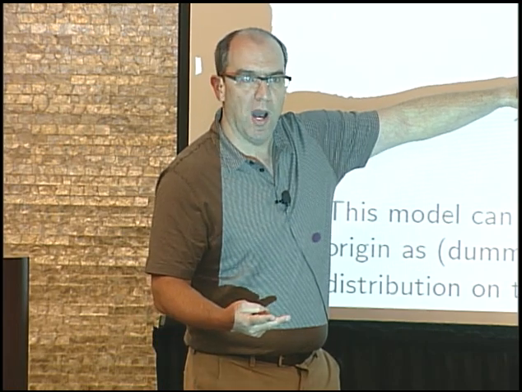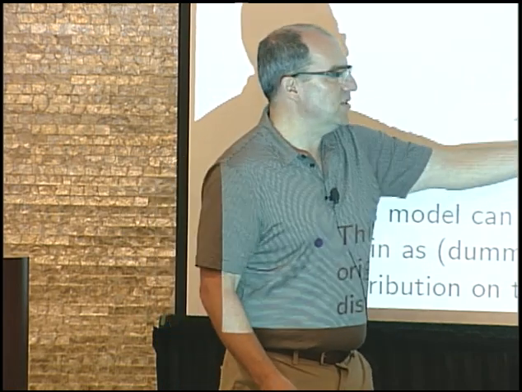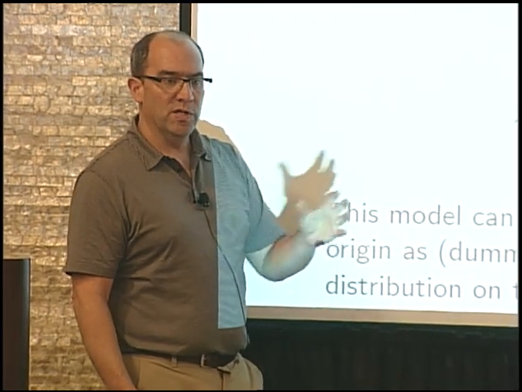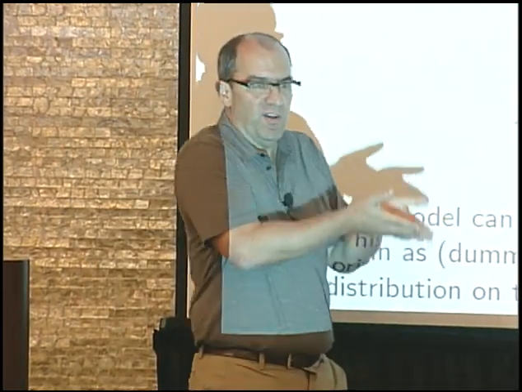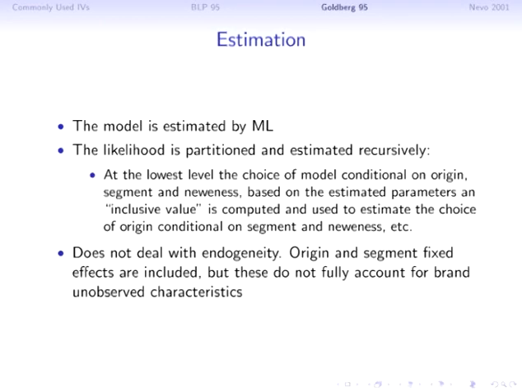This is now 2 options. This kind of summary is something called an inclusive value. I'll define it in tomorrow's lecture, but it's a very simple way of estimating this in stages. I mean, you could estimate it all in one step, but it's much easier to do it in these kind of steps. So that's what she's doing here.